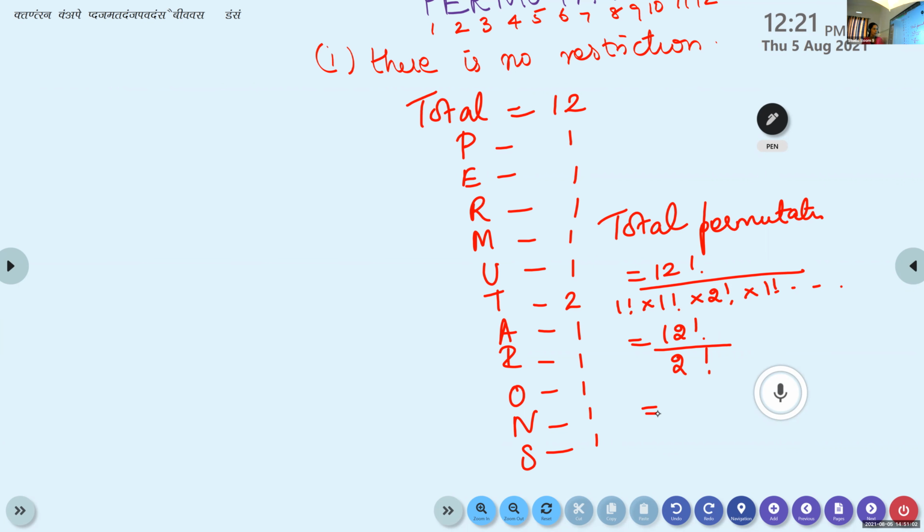This one we can simplify: we can write 12 factorial as 11 factorial into 12, by 2. If you cancel this, it is 6. So it is 6 into 11 factorial.